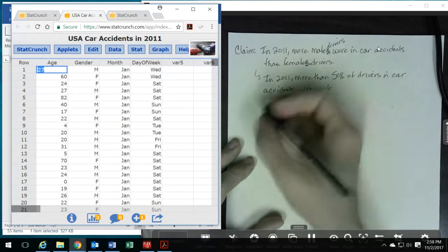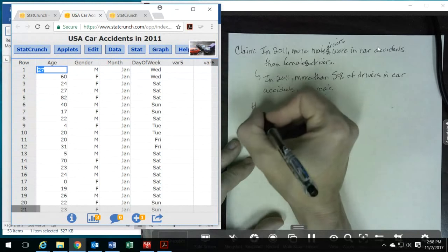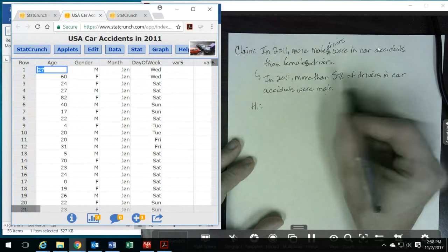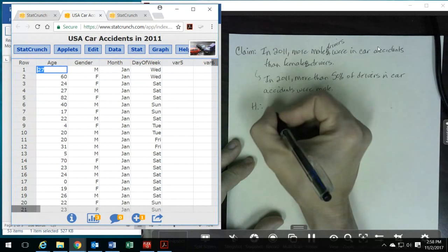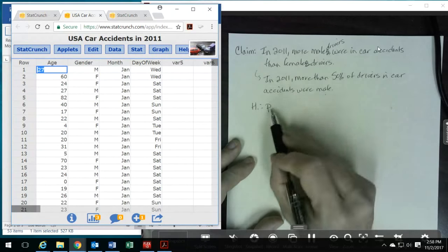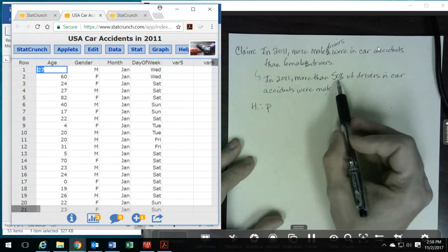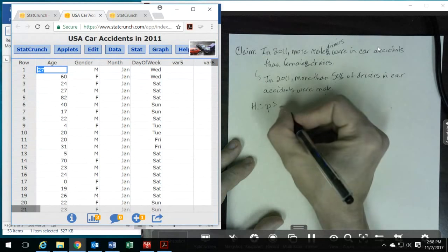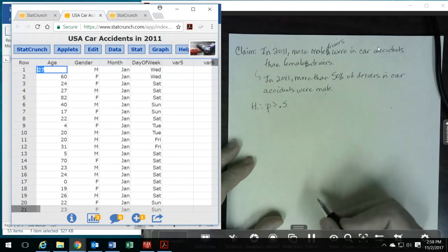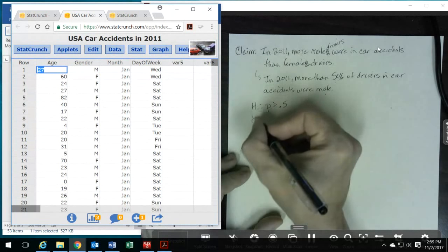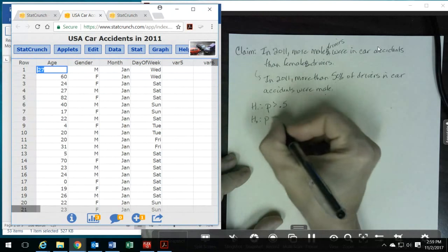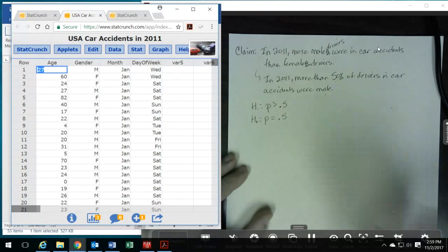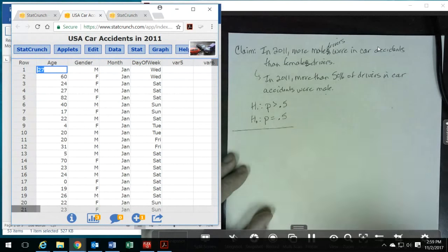So from that, we could write an alternative hypothesis. So again, we're talking about a percentage, so that means it's a proportion. So we're going to use P for our parameter. We've got the more than means a greater than. 50%, we're going to write that as 0.5. And that means our null hypothesis is that P is equal to 0.5. Okay, so that was step one.